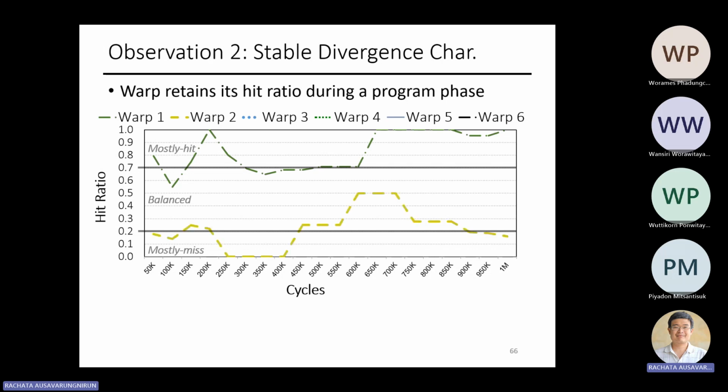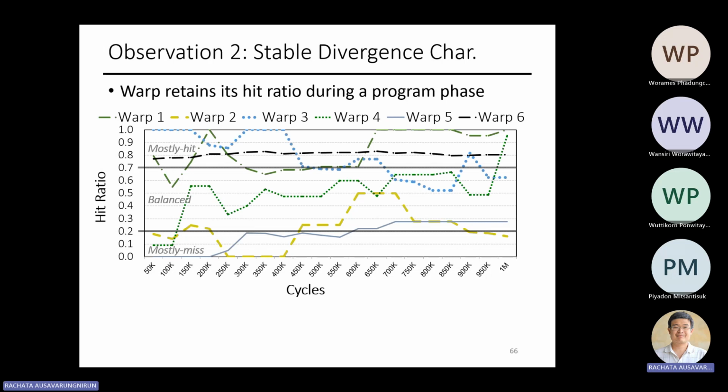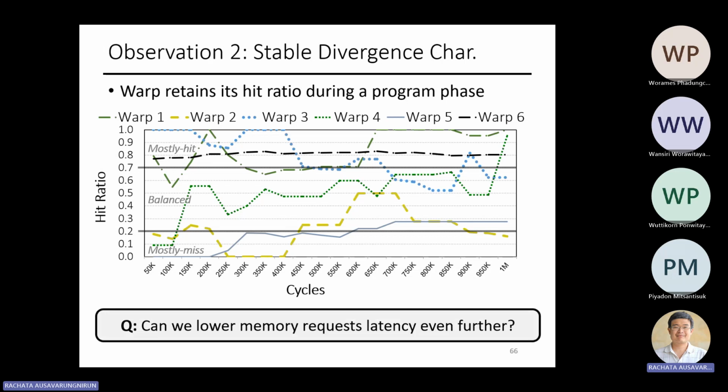If most of the time it hits, it will most of the time hit in the warp. If most of them are missing, they'll stay there. It doesn't go up by much. So you can use this observation to say, hey, there are different classes of warp. If we can identify them, we can use a different strategy to prioritize the mostly-hit and deprioritize the mostly-miss.